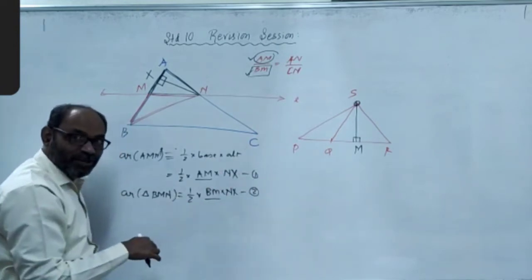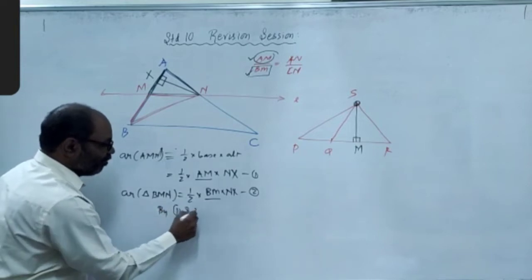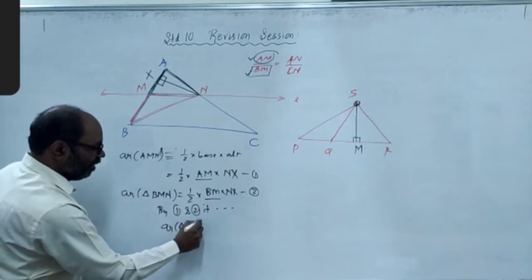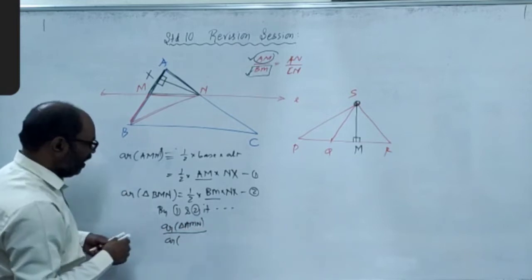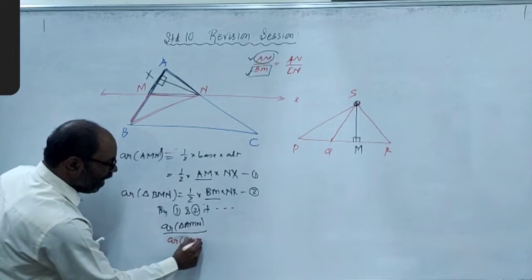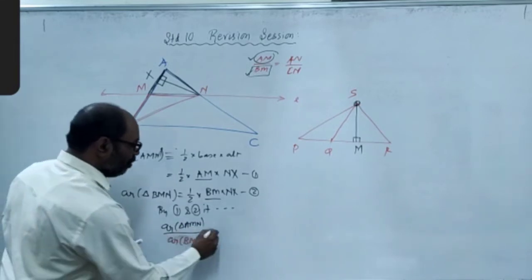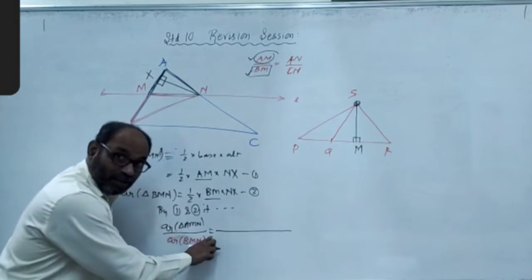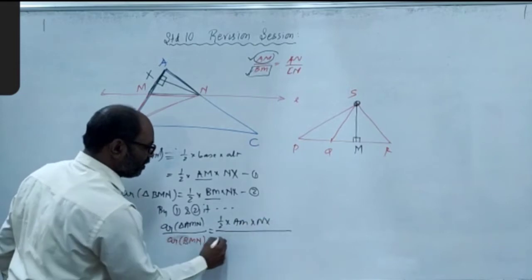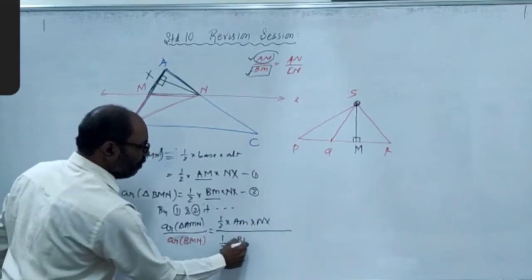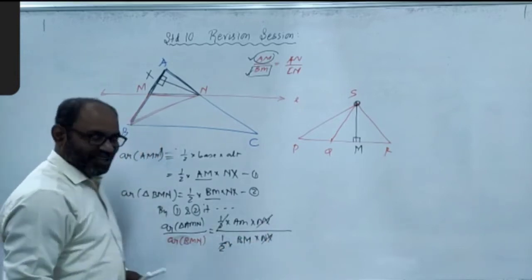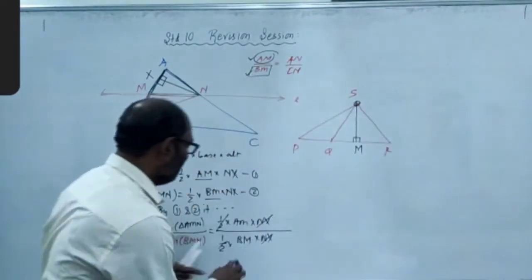So by 1 and 2, it follows that area of triangle AMN upon area of triangle BMN is equal to, above half into AM into NX, below half into BM into NX. NX cancels, half cancels. So what is left? AM upon BM.